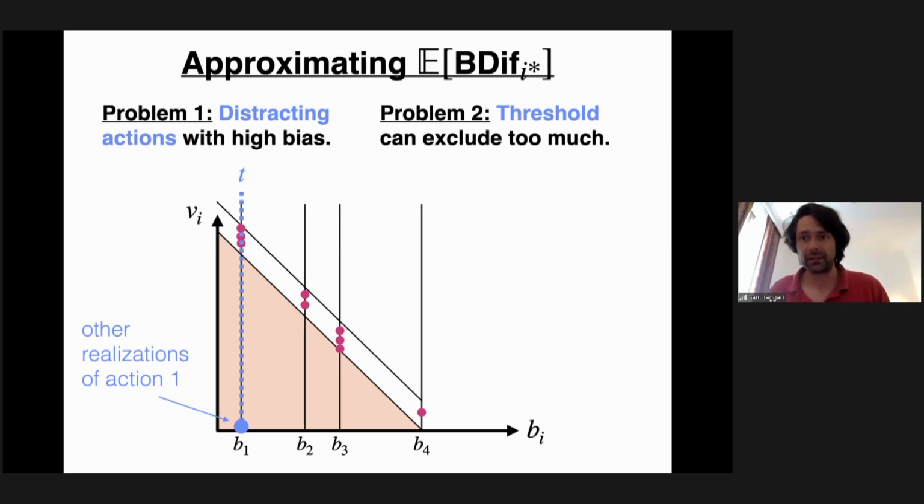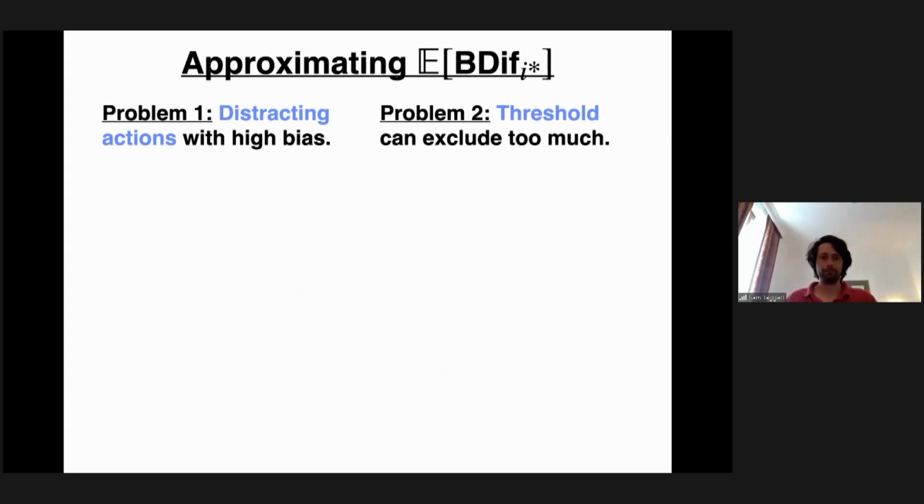We could have maybe zero utility. And if that's the case, then we just threw away all of these actions for just action one, which turned out not to be very good. So the problem here is that this threshold can also exclude too much from the solution. Okay, so here are two problems. What I want to do is just write down some conditions that basically just say problem one doesn't happen too much and problem two doesn't happen too much.